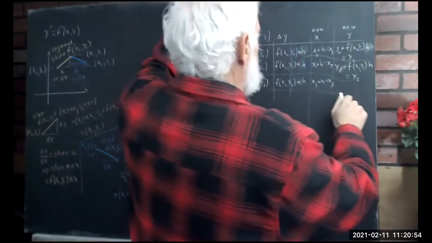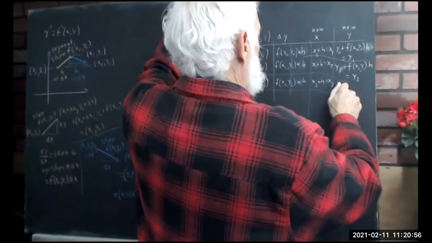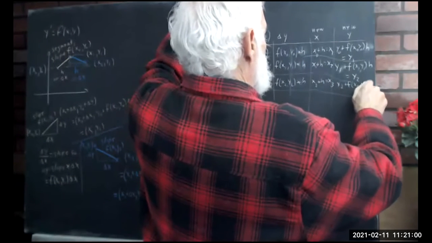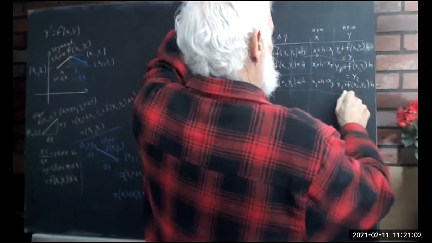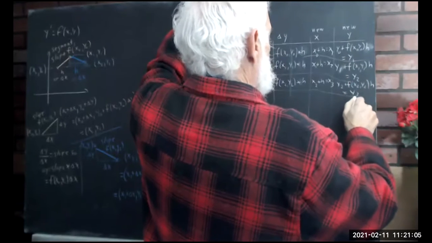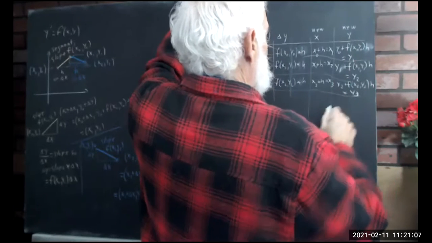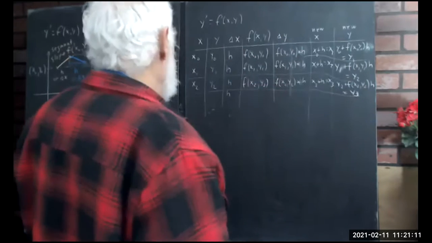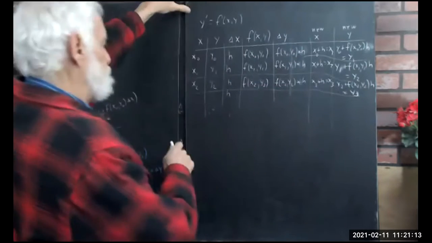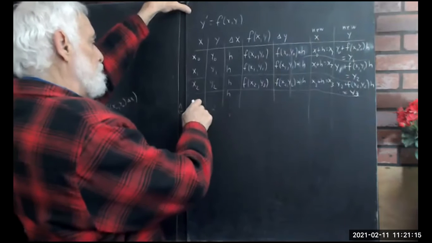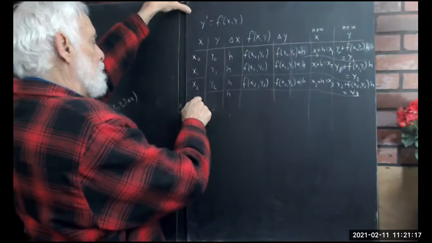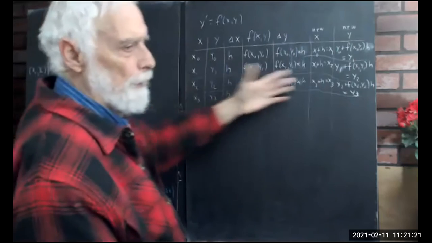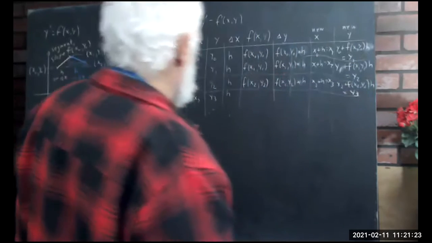Y2 plus f of x2, y2, h, and that's equal to y3. So that now I have x3, y3, and I can write it all out again.